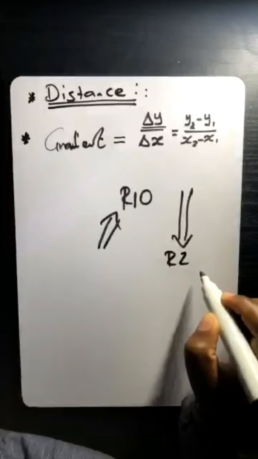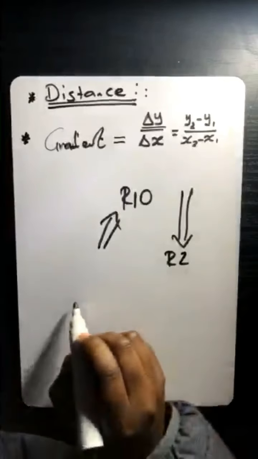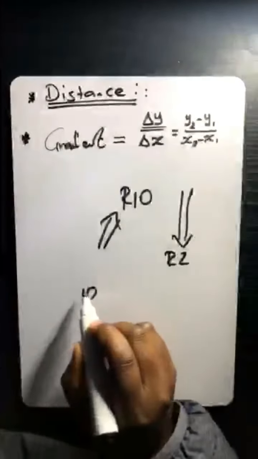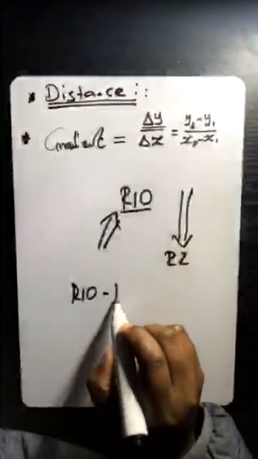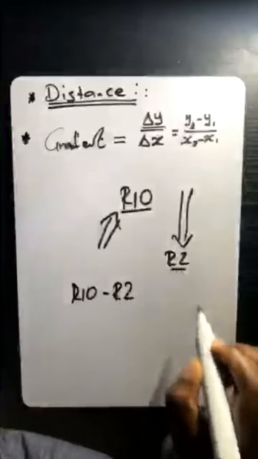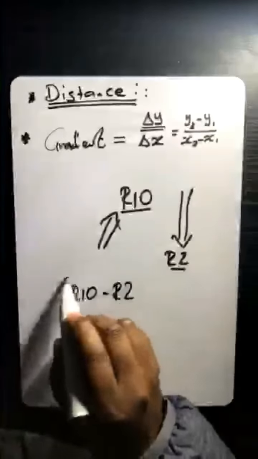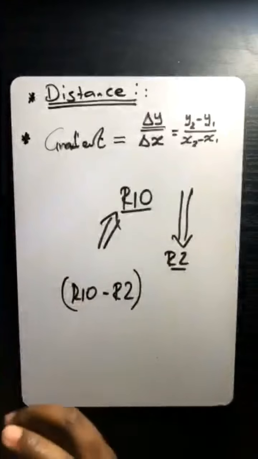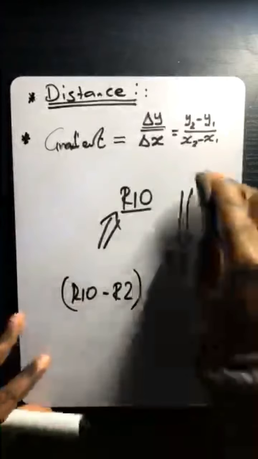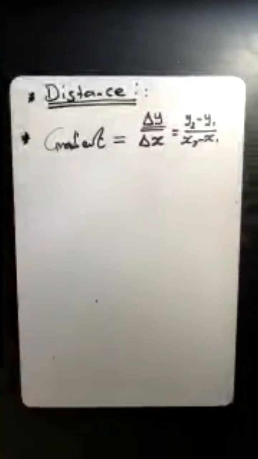If we want to calculate the change, it is going to be R2 minus R1. So change is actually the difference between the two values, which means in this case you must know your Y2 and your Y1, your X2 and your X1.